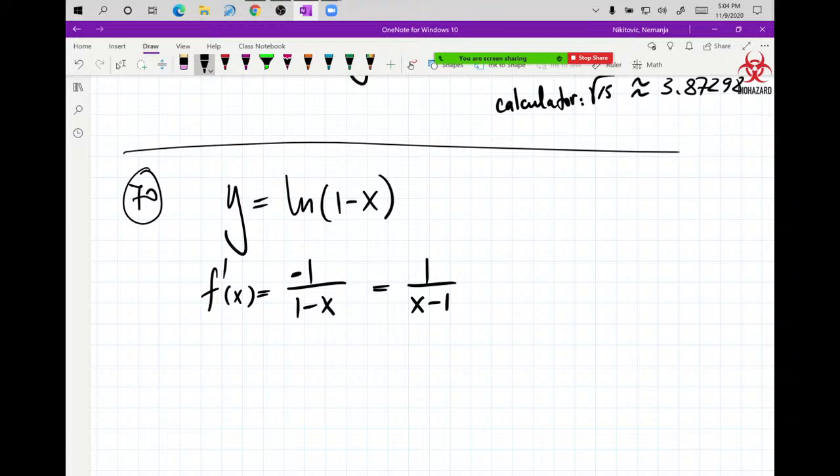All right, so the problem says, consider the following functions and express the relationship between a small change in x and the corresponding change in y in the form of dy. Okay, so a small change in x. That means that this x is going to grow a little bit.